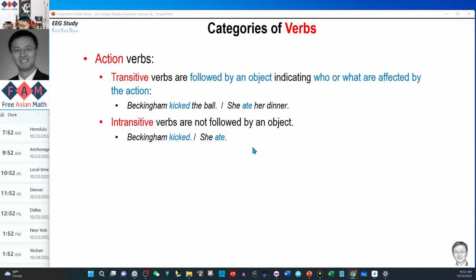So we are talking about action verbs. Now, state of being verbs. We use this term state of being in contrast to action. When we use those verbs, there is no action per se happening. Actually, state of being verbs is just a fancy way of saying linking verbs.